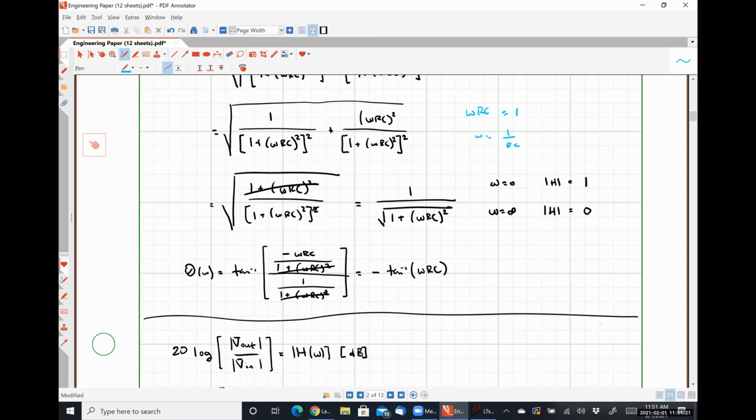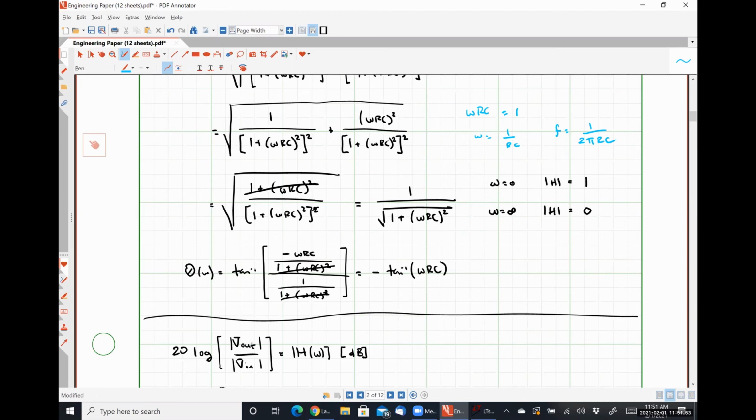So we need omega to be equal to 1 over RC. And so that means f, our linear frequency, should be 1 over 2 pi RC, I believe, right?